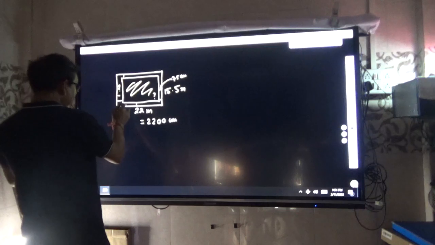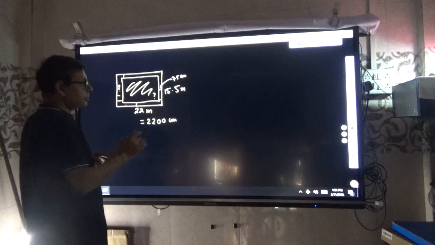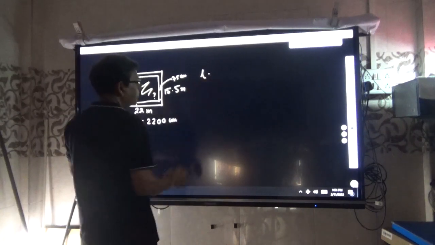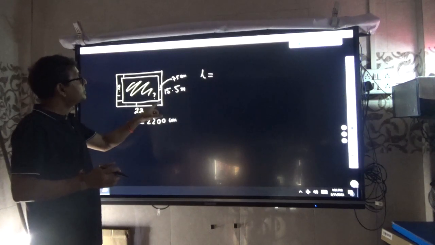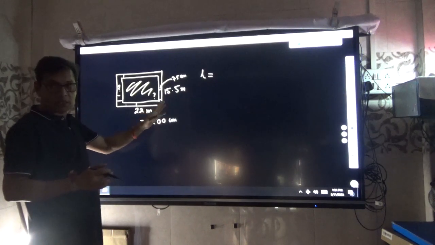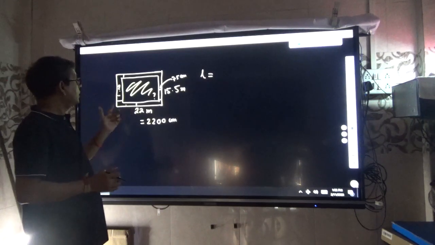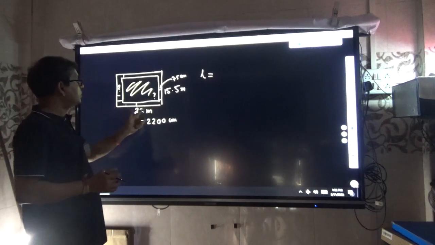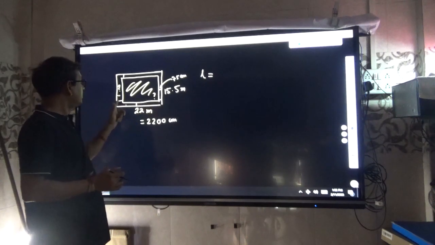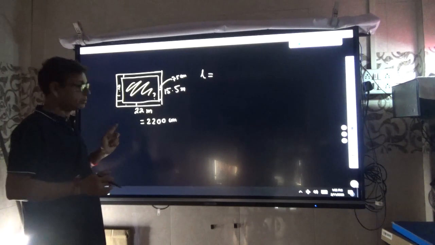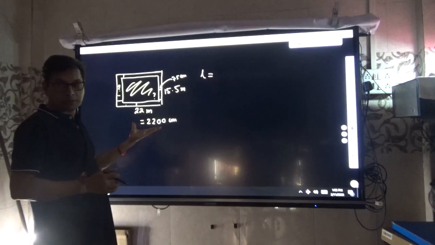So the length of this carpet will be 2200 minus 150. You understood why 150? Because this carpet is 75 centimeter away from this wall as well as 75 centimeter away from this wall. So the entire length of this central hall is 22 meter minus 75 centimeter minus 75 centimeter. First of all we have to convert the length to centimeter, then only we can subtract.